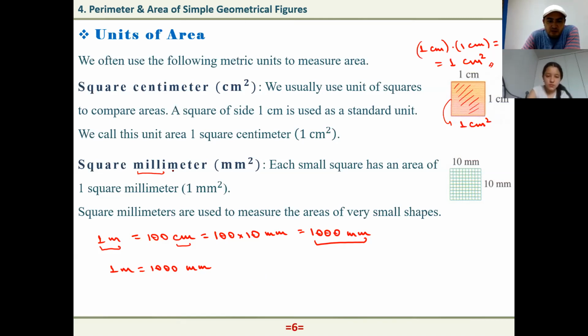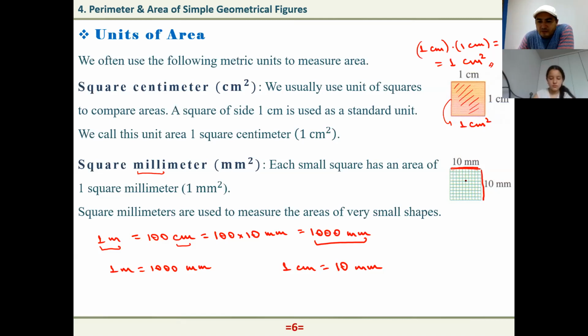So here, millimeter means 1 millimeter is 1 meter divided by 1,000. And here we have 1 centimeter. Using this, 1 centimeter is equal to 10 millimeters, right? As you see here, 1 centimeter is 10 millimeters.